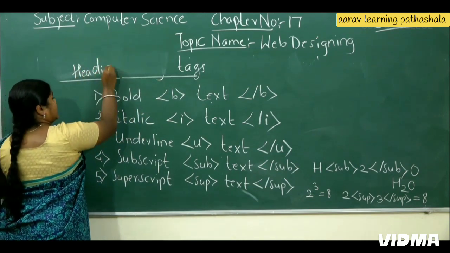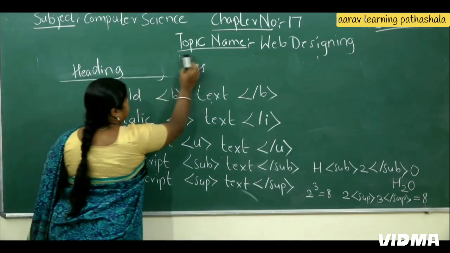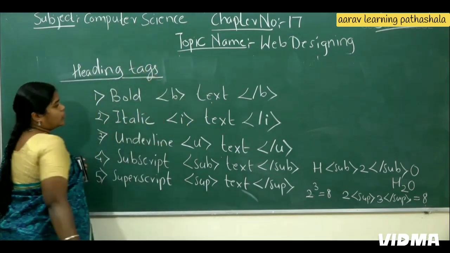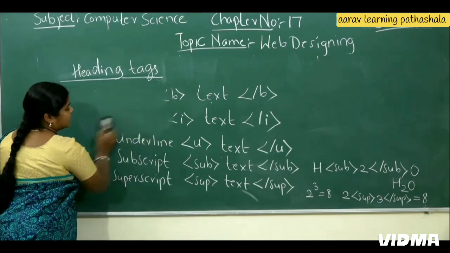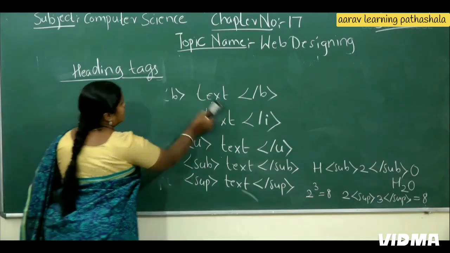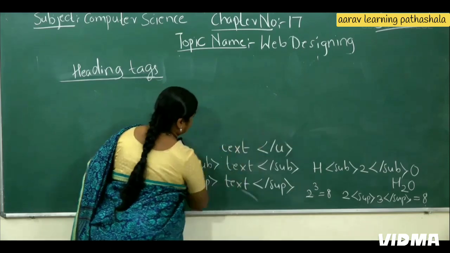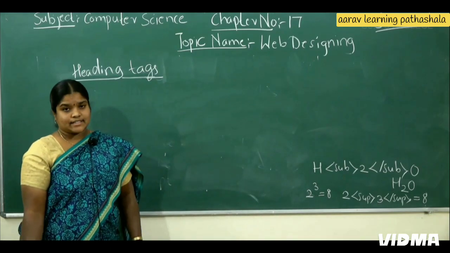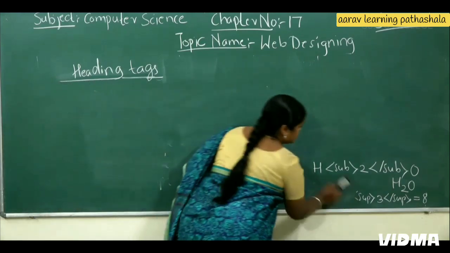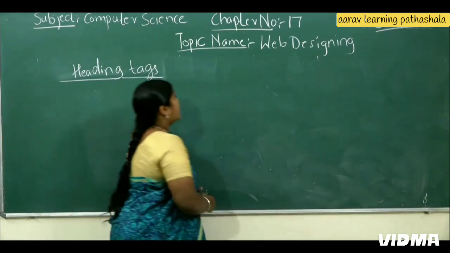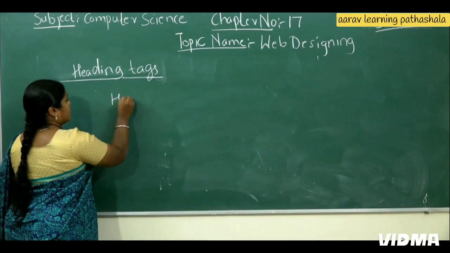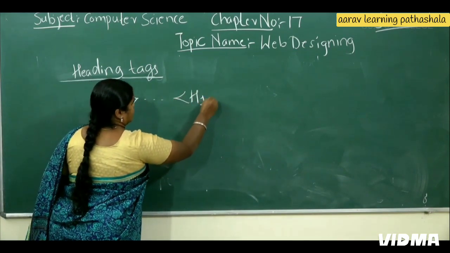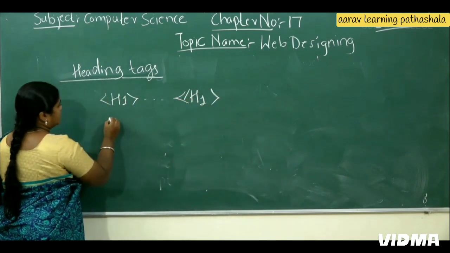Heading tags. In HTML there are some predefined tags available for heading. HTML provides the heading tags such as H1 till H6. The H1 tag will give the maximum font size while H6 gives the smallest font size. So we have the heading tags right from <h1>, specify the text, </h1>.